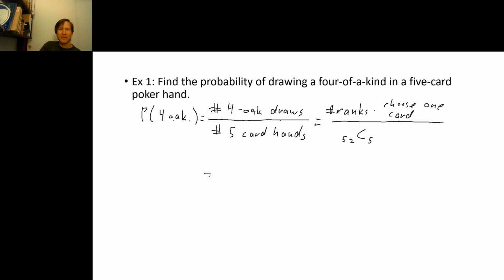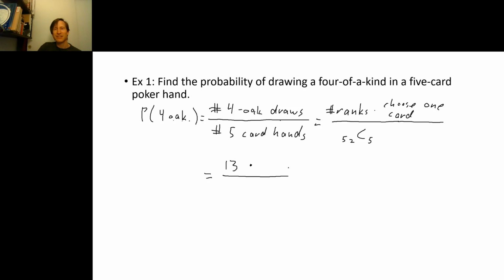Now that we've thought about the steps we would go through to specify a draw that's 4 of a kind, we can write down how many possibilities there are for each choice in our chain of steps. For the number of ranks, there are 13 ranks in a standard 52-card deck. Now we need to multiply that by the number of ways to choose one more card.